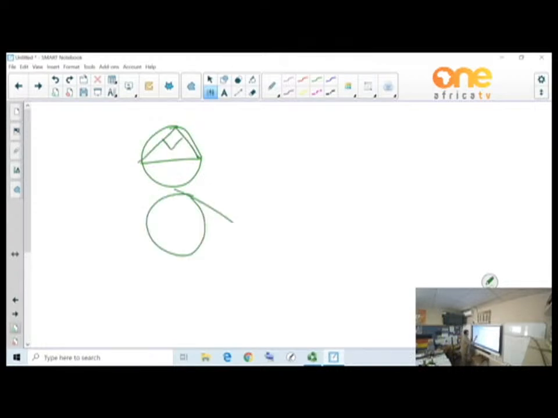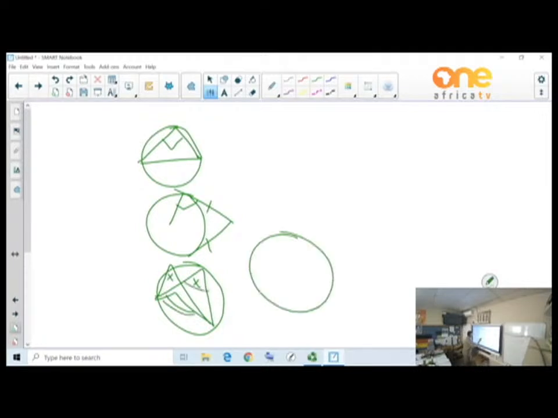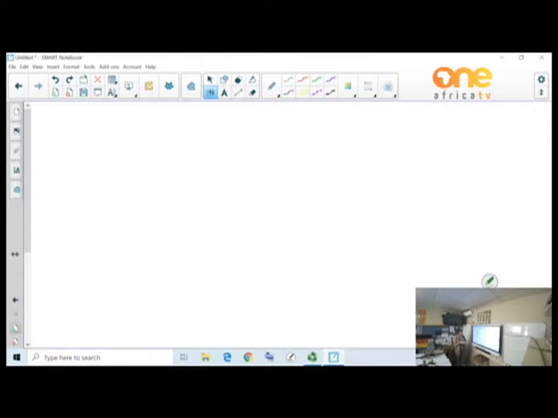The tangent to the radius is 90 degrees. Two tangents from the same point are equal. Angles on the circumference are equal. The angle at the center is twice the angle at the circumference. And your cyclic quadrilateral, where we say that opposite angles are supplementary, 180 degrees. And this exterior angle is equal to that opposite one. So that's your circle rules that you have to look at and what we're going to use here.